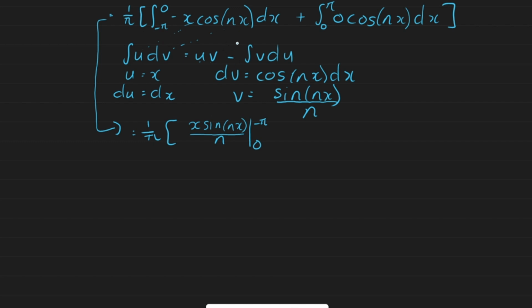So the next term is a minus. And now we have the integral, so we're going to do the same thing. We're going to reverse this order of integration, so we're going to have from 0 to minus pi. And then it's v du. So v is sine nx over n, and then du is just dx. So we're going to have sine nx over n dx.